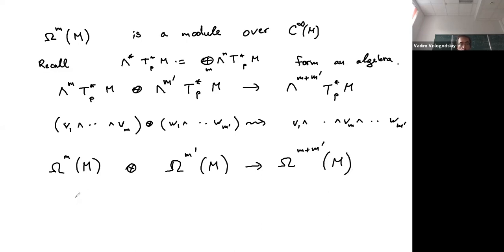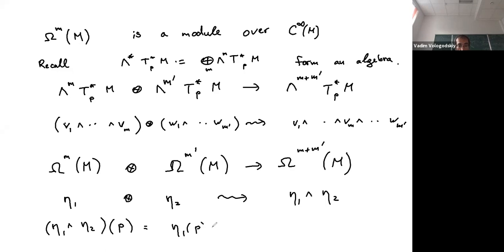So eta 1 and eta 2 go to a form which I will denote by eta 1 wedge eta 2, and it has the property that eta 1 wedge eta 2 evaluated at point P is this product, eta 1 of P wedge eta 2 of P. So that's what I mean by applying this construction pointwise.